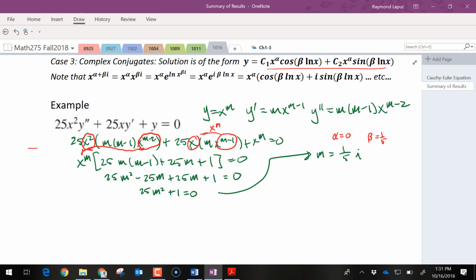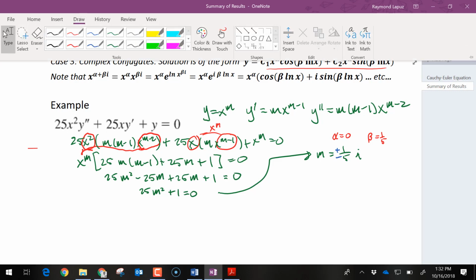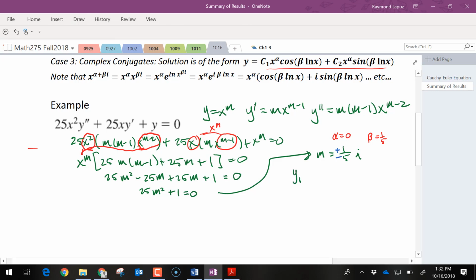Alpha is equal to 0, so it's just going to be the sine and cosine. I think there was a plus and minus here. So our solution should be y1 is equal to cosine of 1/5 ln x, and y2 is equal to sine 1/5 ln x. And then your general solution.